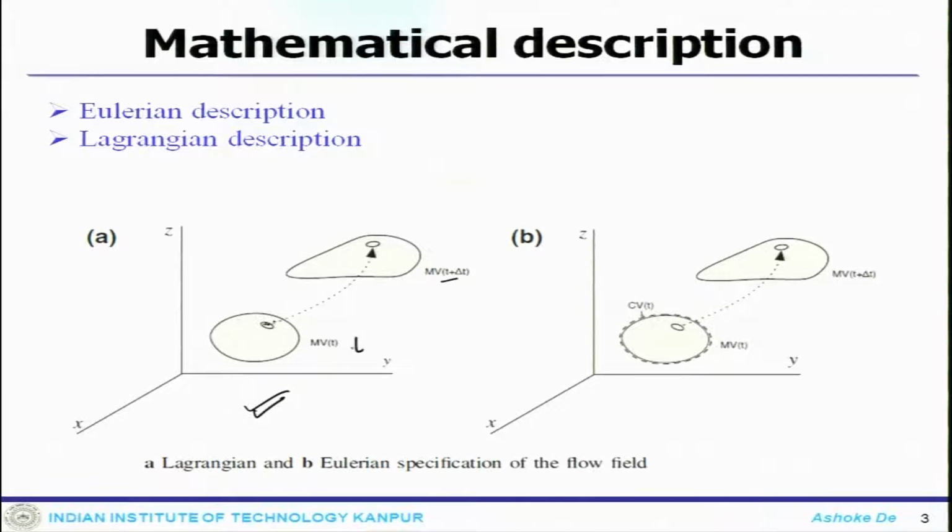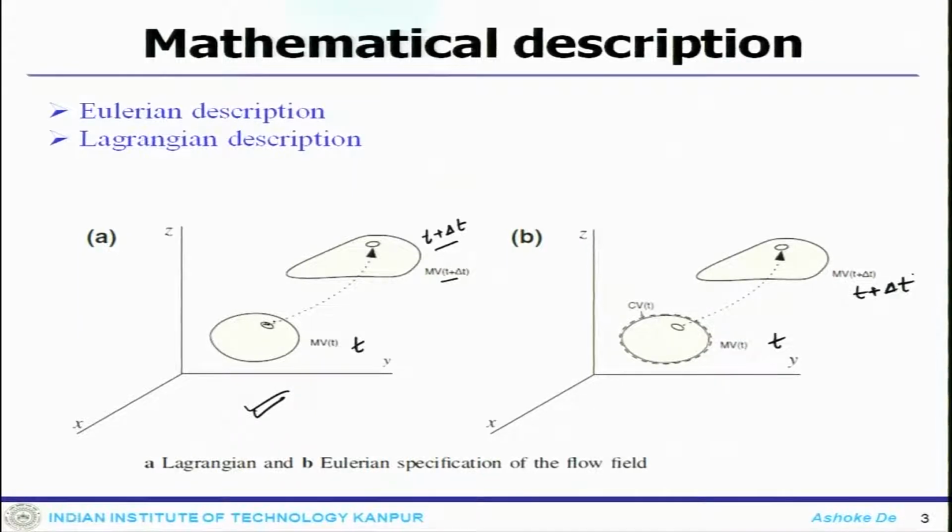So, this is at time instant t and this is at time instant t plus delta t. How you track the particles gives you the framework of the Lagrangian system. In the Eulerian system, you have a control volume over the material volume, and then you get the governing equation from t to t plus delta t. This is where you divide your system and get the solution.